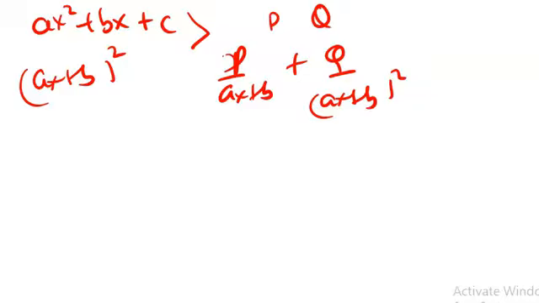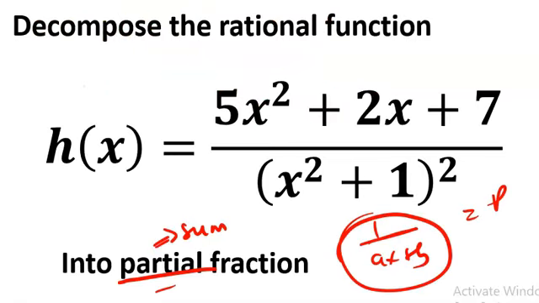Now let's look at the question and the criteria it falls into. Here we have x squared plus 1, which is an irreducible quadratic factor, and then we have the power 2. So we are going to do two things at the same time: one, an irreducible quadratic factor, two, a repeated factor.